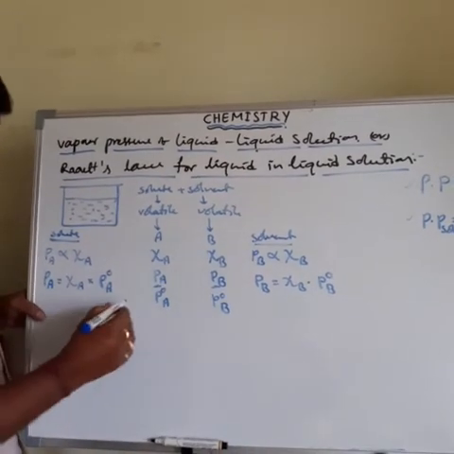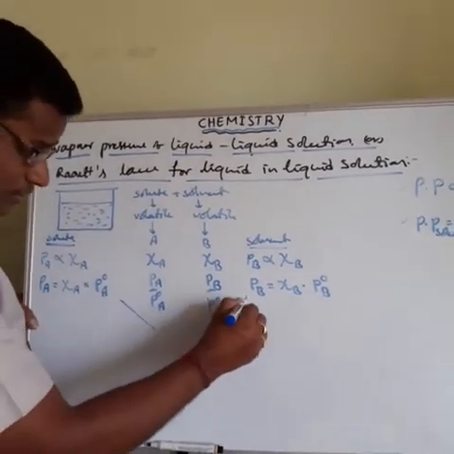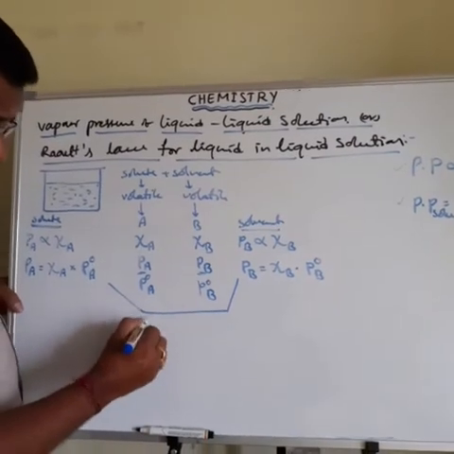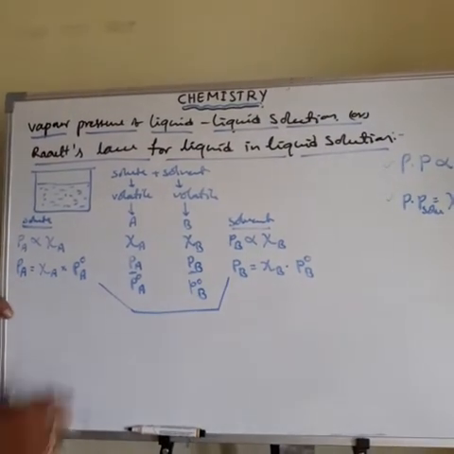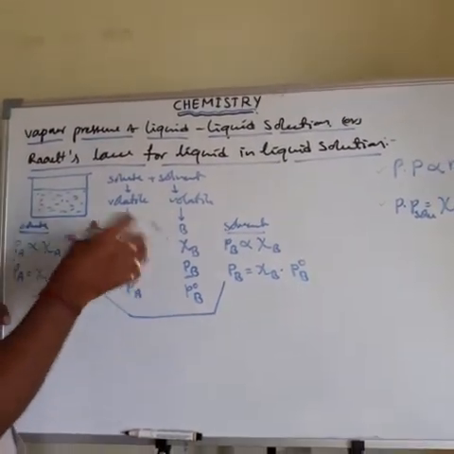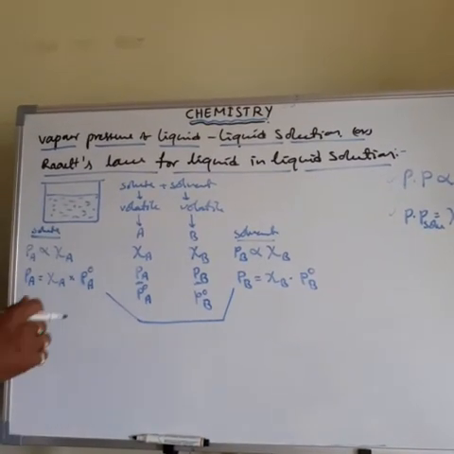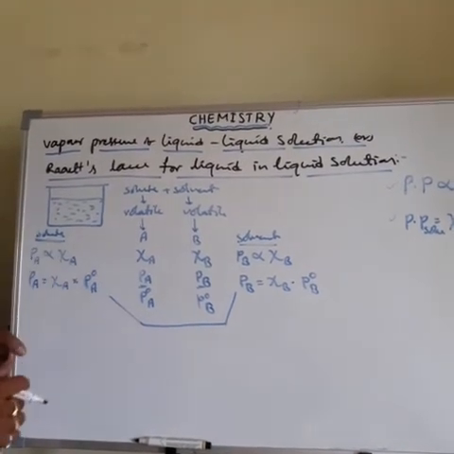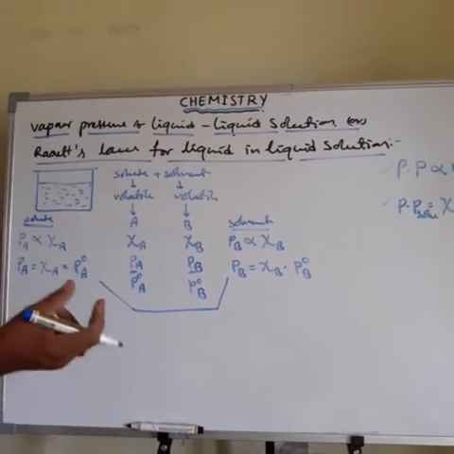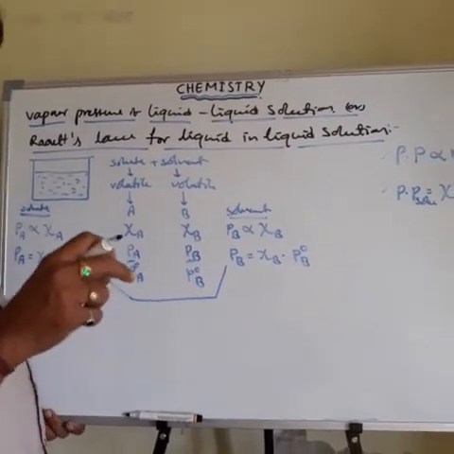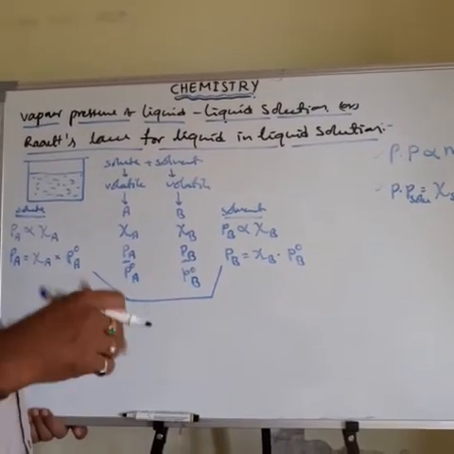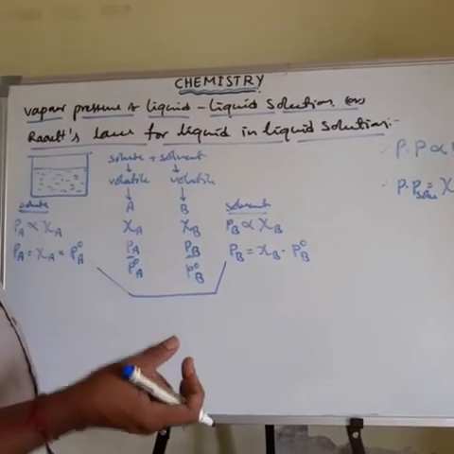Then what about the vapor pressure of the solution? The total pressure of the solution, or total vapor pressure of the solution, is obtained from Dalton's law of partial pressure. What is Dalton's law of partial pressure? The total pressure exerted by the components in the solution is equal to the sum of the partial pressures of each component.